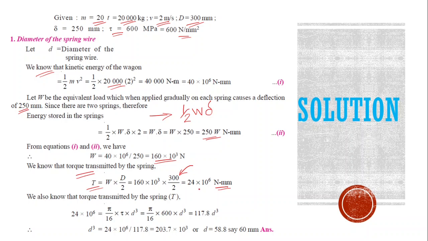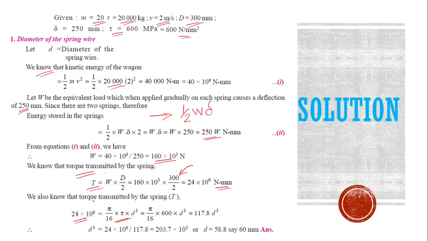And we know that this torque must be equal to pi by 16 into tau into d cube. When we discussed the theories of failure, we got this particular equation while considering the theories of failure related to shear stress. The external torque must be equal to pi by 16 into tau into d cube.